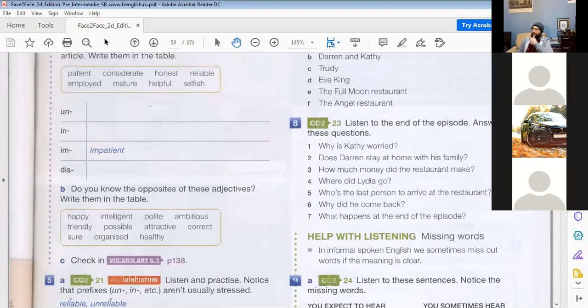Disambitious, maybe. Any other guesses? What do you think, Selma, for ambitious? Okay, let's leave ambitious. What about friendly? What's the prefix that makes it opposite?